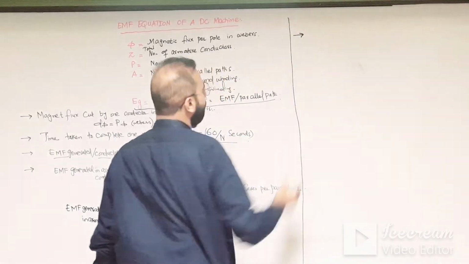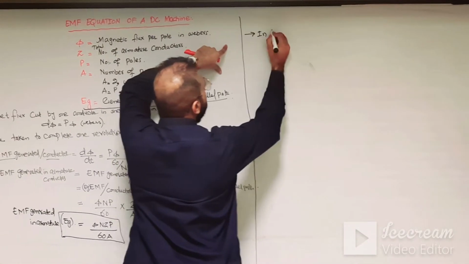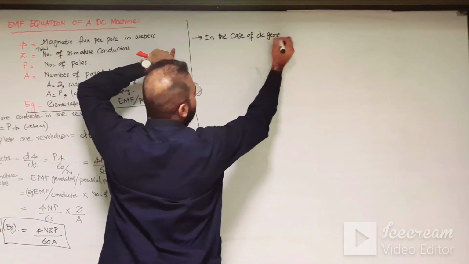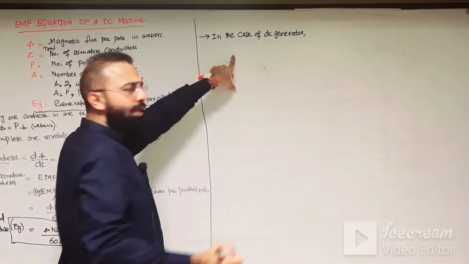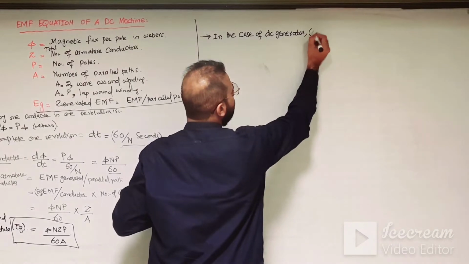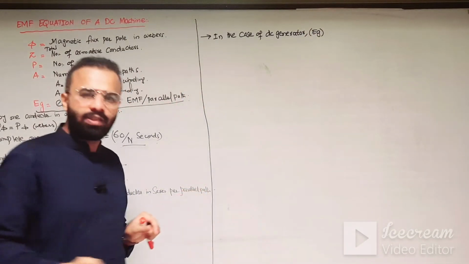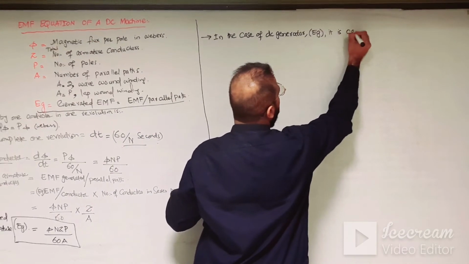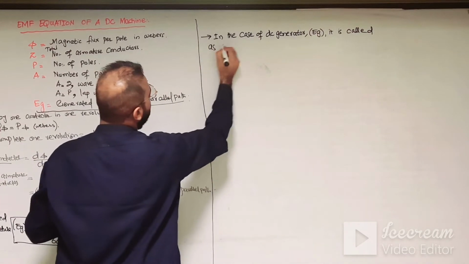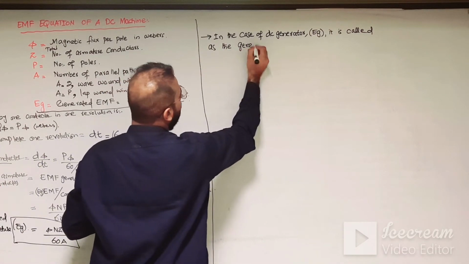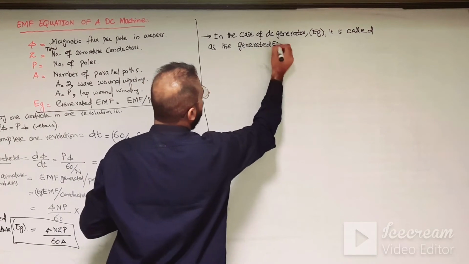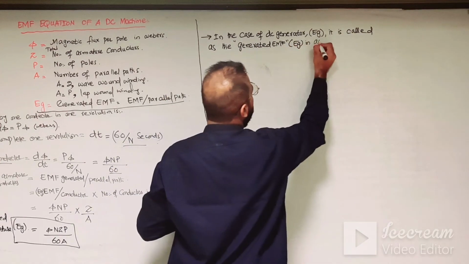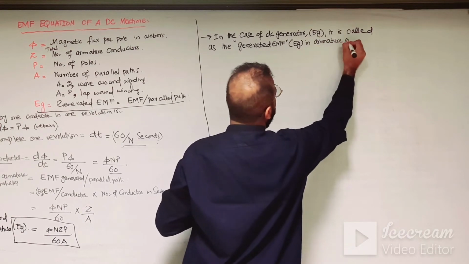Number first point is that in the case of the DC generator, this will be Eg, so it is called the generated EMF, denoted as Eg in the armature conductors.